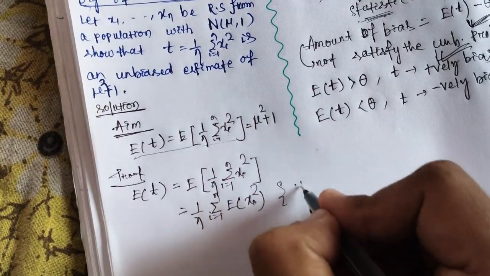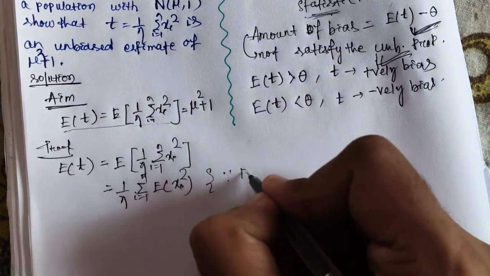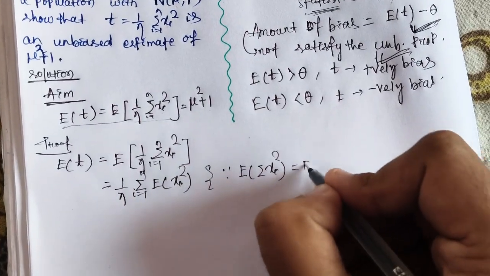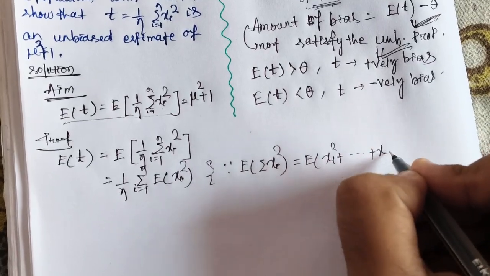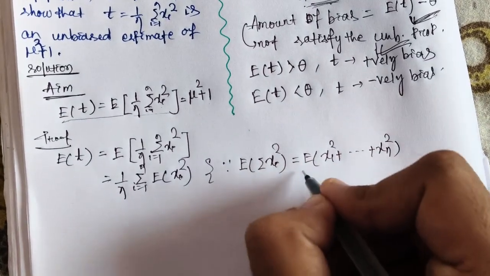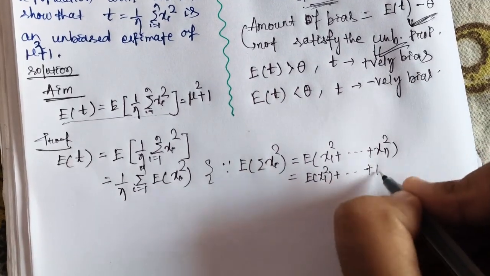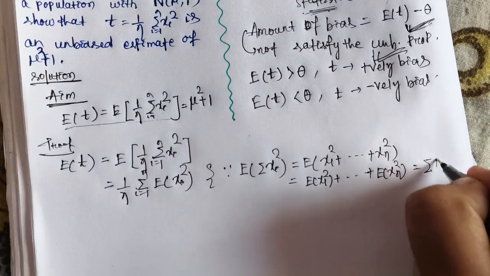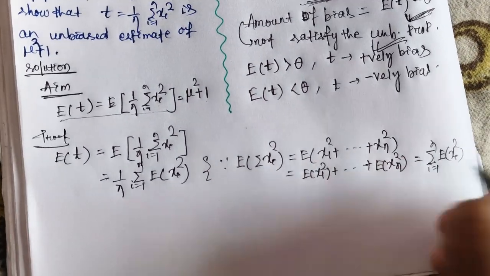Since we can write summation Xi square as X1 square plus dot dot dot plus Xn square, the expected value equals expected value X1 square plus up to expected value Xn square, equal to summation expected value Xi square, i equal to 1 to n.